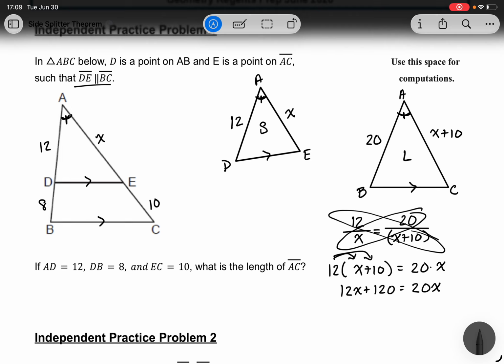We notice that the variable term is by itself on the right side, which means that we need to move that variable term that's on the left over to the right side of our equation. So subtract both sides by 12X. So that will cancel out the 12X on the left side, leaving us with 120 equals 8X. Now we need to divide both sides by 8 to get the value of X by itself.